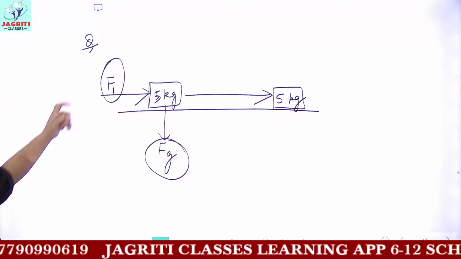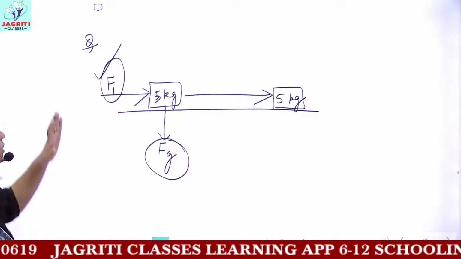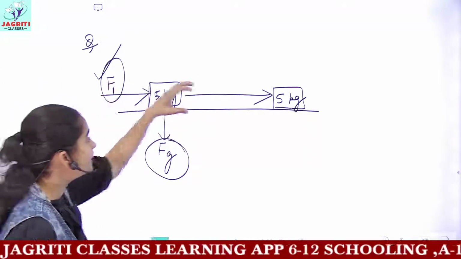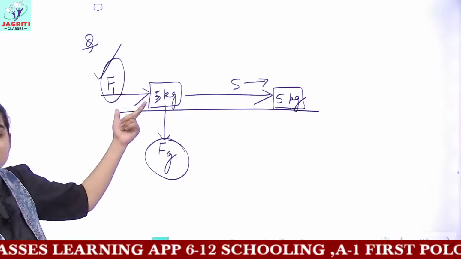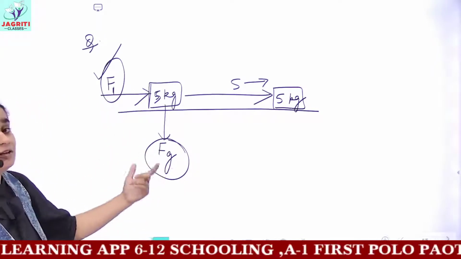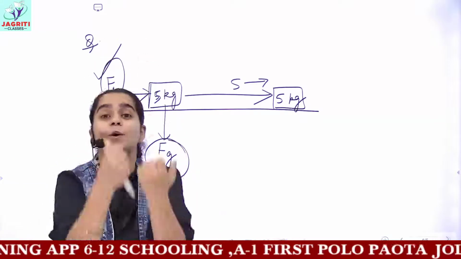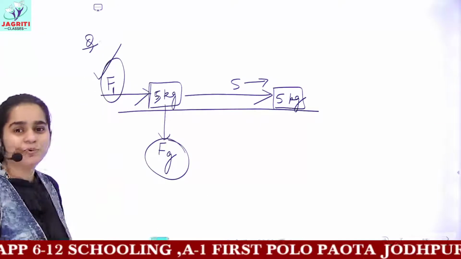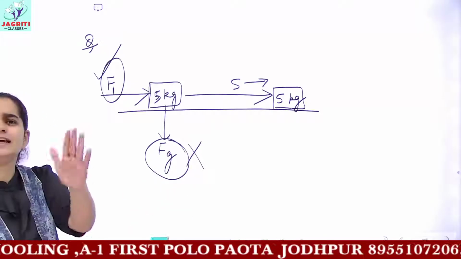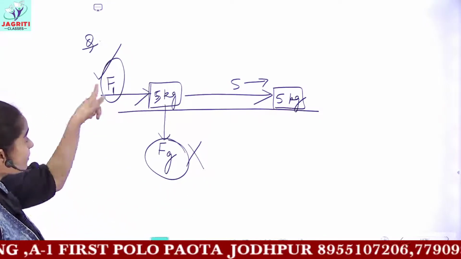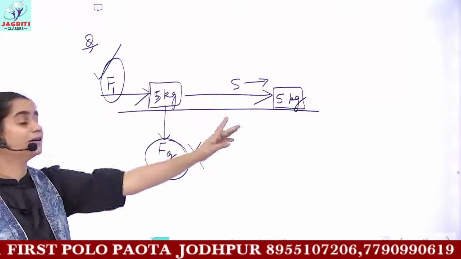So we'll say the work is done by F1 because I applied a force forward and the displacement of the box was also forward. So this has done the work. But gravity is applying a force, pulling the object down. But is the object moving down here? No. That means gravity is not performing any kind of work. But this F1 force is responsible for the work done.